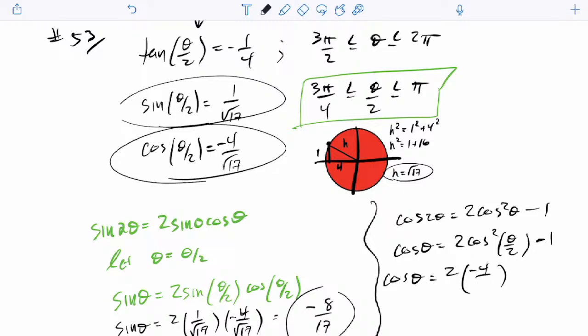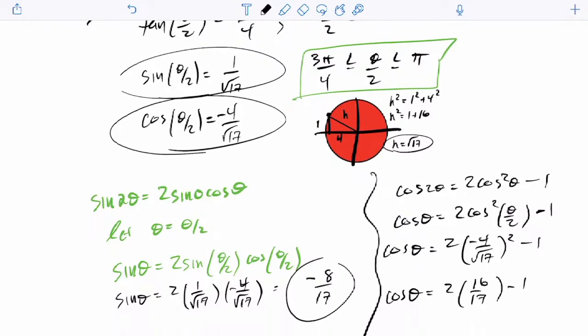Messy. Anyways, this is how you'd solve this.